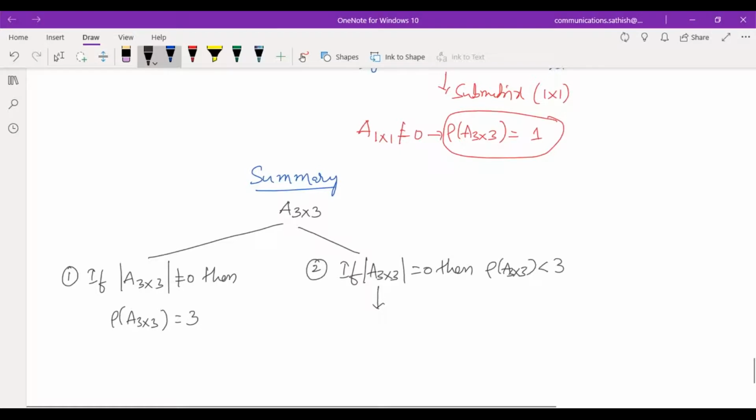In this case, you need to consider the 2 by 2 submatrix.